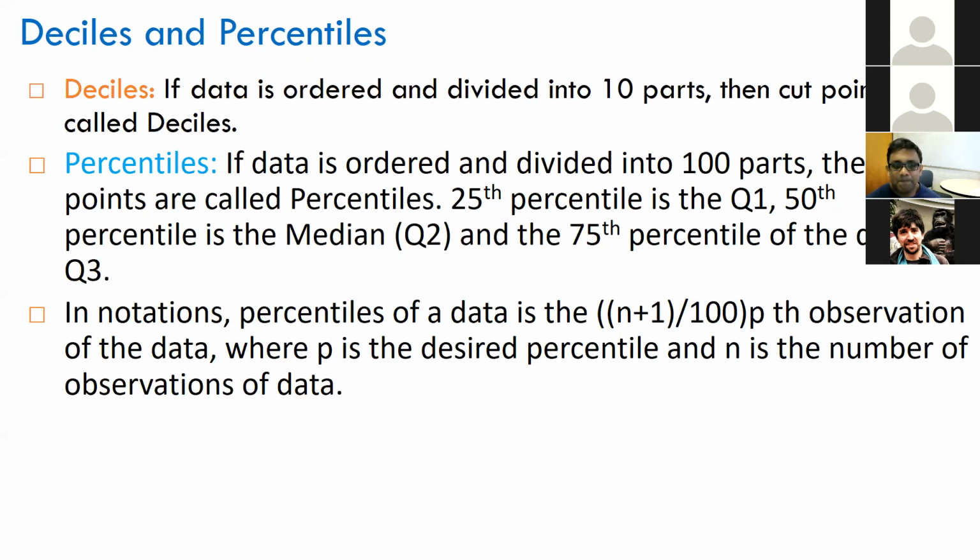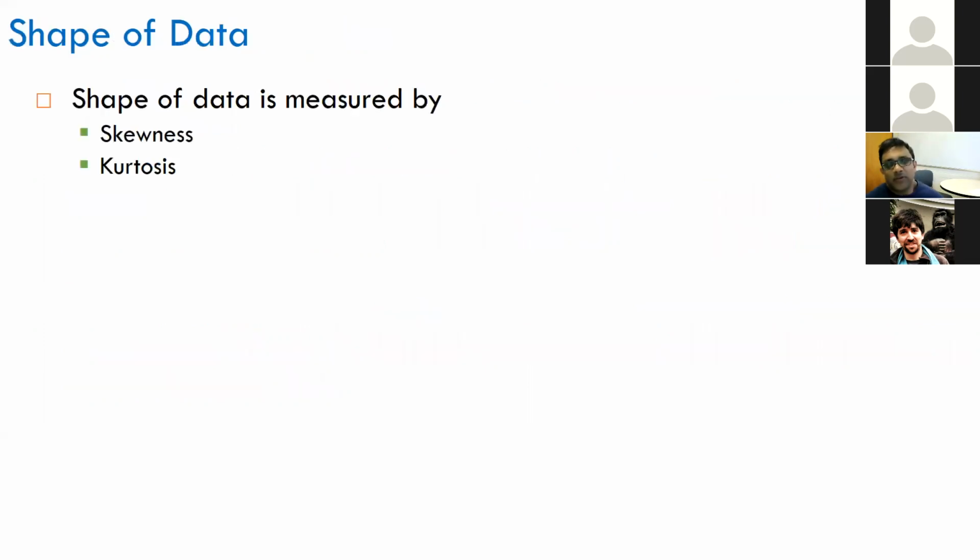Those are just for interpretation. If you want, you can ask or learn more, because I want to go to a very important section of your data set, which is the shape of your data. What is the shape? Why is shape important? Why do you need the shape of your data?